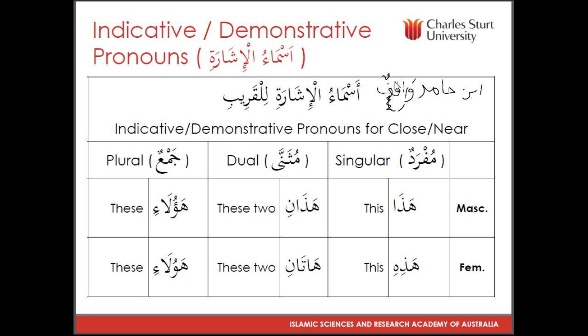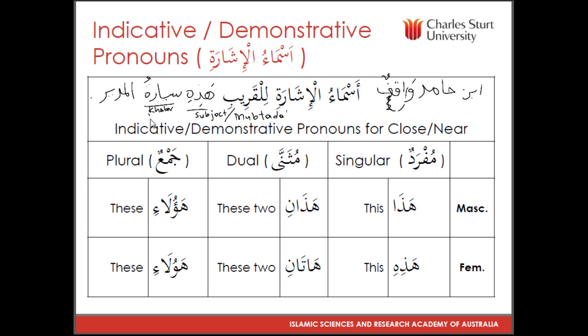It is mudaf, the thing that is possessed. Ilayh is majrur because it is the possessor. Principal's car. So it is mudaf and mudaf ilayh. So this is the sentence, this is the subject, this is the predicate, this is also mudaf and this is mudaf ilayh. Yes, following?